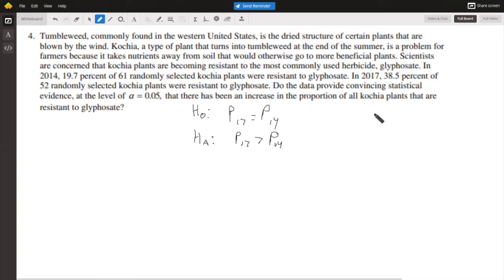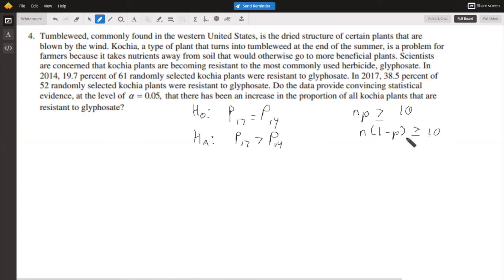What about normality? n times p, and then n times 1 minus p have to be greater than or equal to 10. So they both have to be greater than or equal to 10.